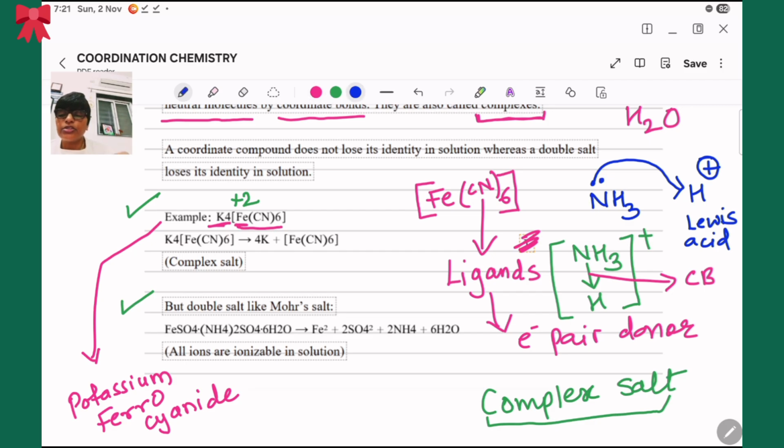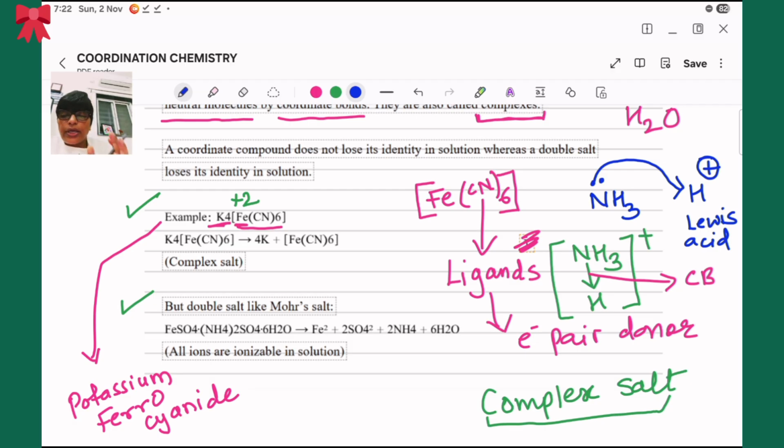But presently, just understand that a coordination compound will definitely have a square bracket, compulsorily, and 100% you need to have a central metal atom or a central metal ion, which should be surrounded by ligands or Lewis bases.